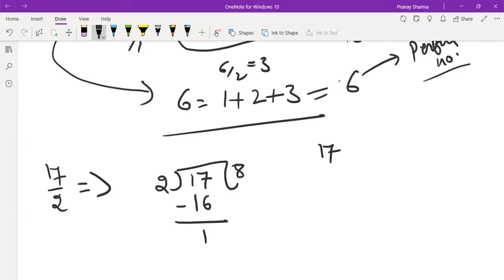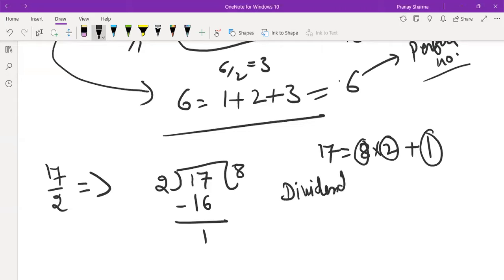Can I write 17 in this form? 8 into 2 plus 1. Dividend equals divisor into quotient plus remainder. Right. This is the quotient, divisor, and remainder. Okay. So we can express it like this. Dividend equals divisor, although here divisor is 2, into quotient plus remainder.